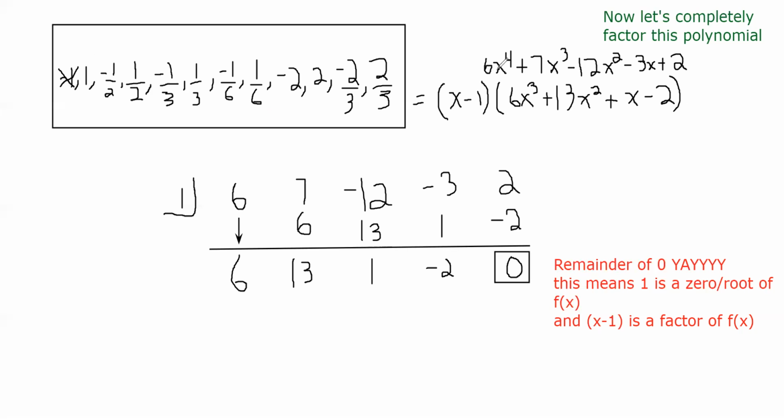Now we found that 1 worked. It turns out 1 could work again. Just because it's worked, it can work multiple times. So we're going to do the synthetic division using this 3rd degree polynomial.